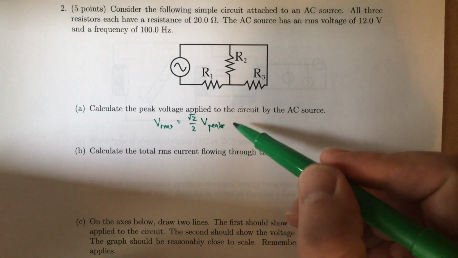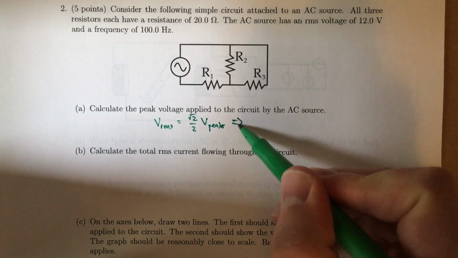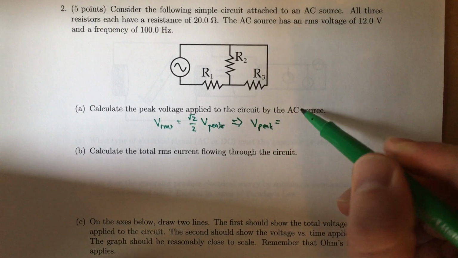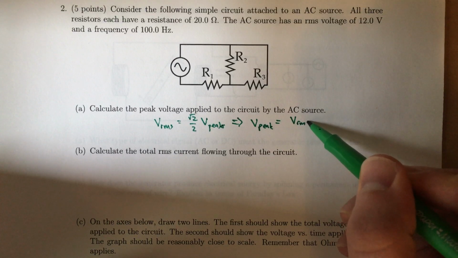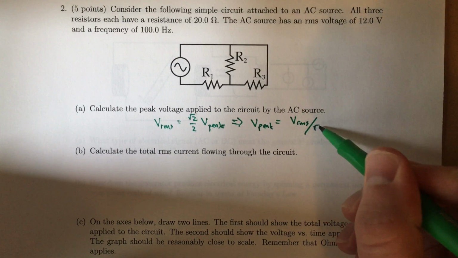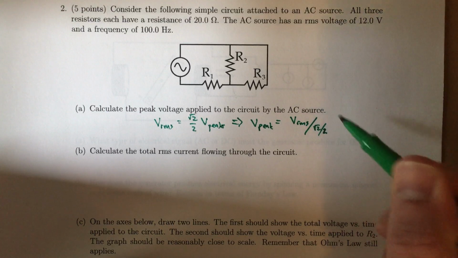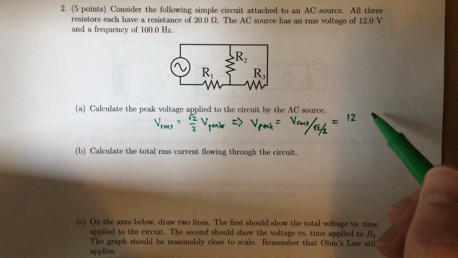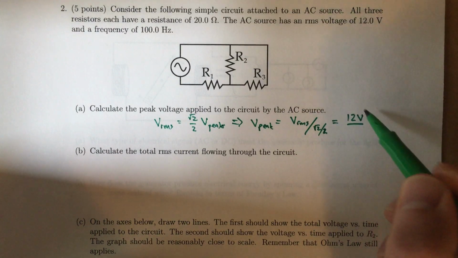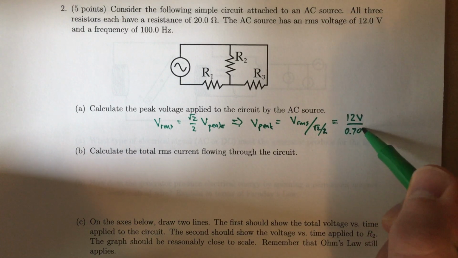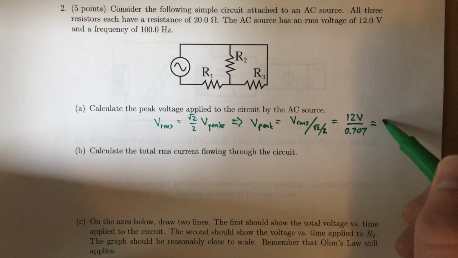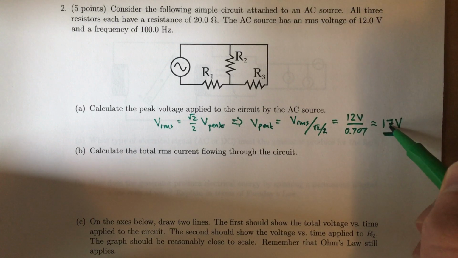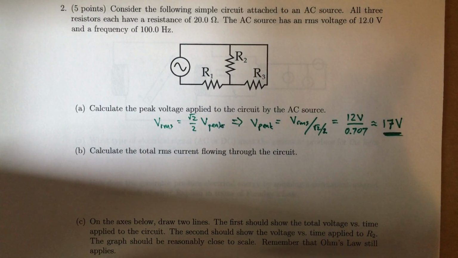And that means that if we solve for V peak, we get V_RMS divided by square root of 2 over 2. And that in turn gives us 12 volts divided by about 0.707, which gets us to about 17 volts, just under, being the peak voltage.